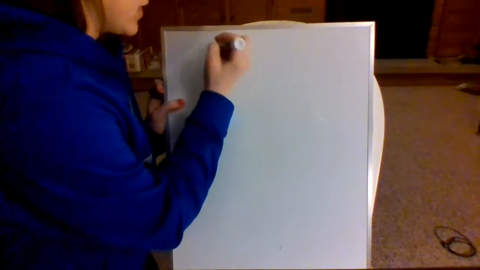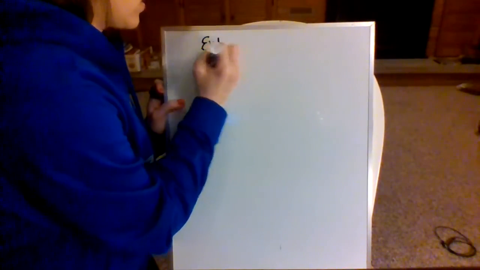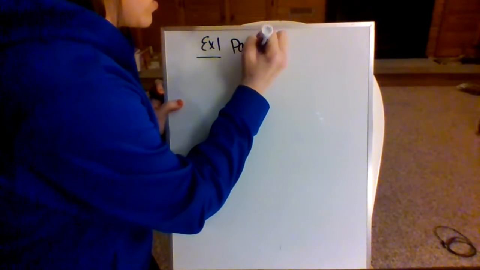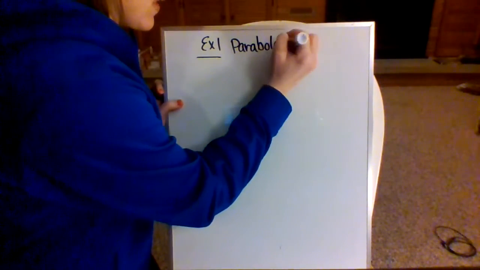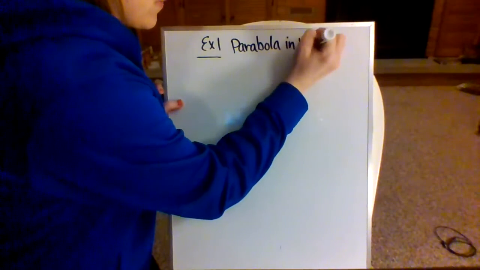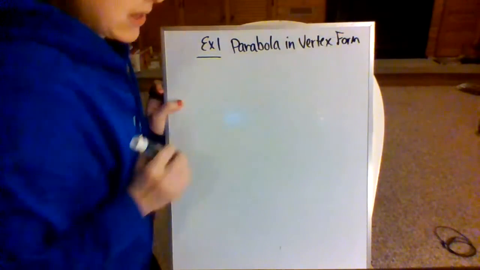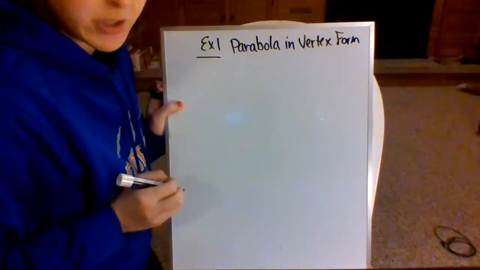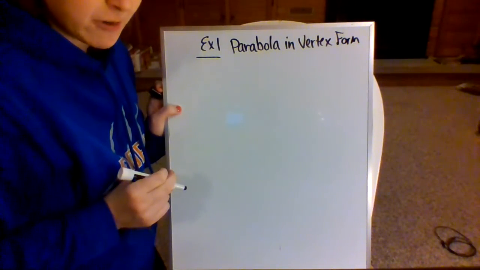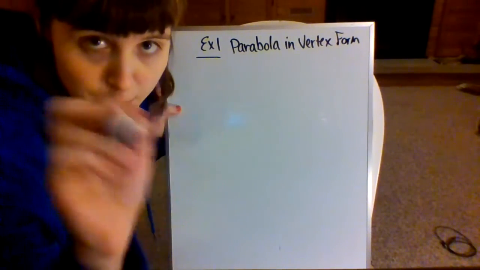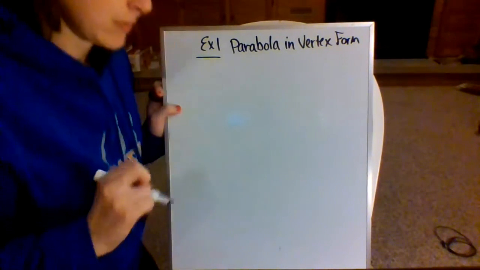Okay, so example 1, parabola in vertex form. We're going to identify the vertex of the parabola and the direction that it opens, meaning does it open up or does it open down?